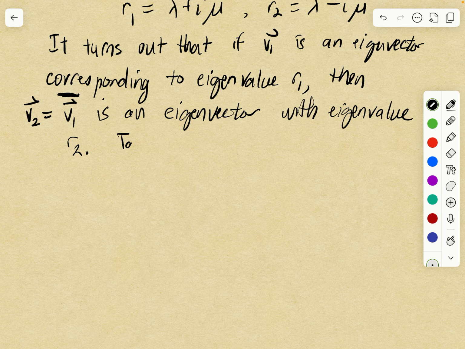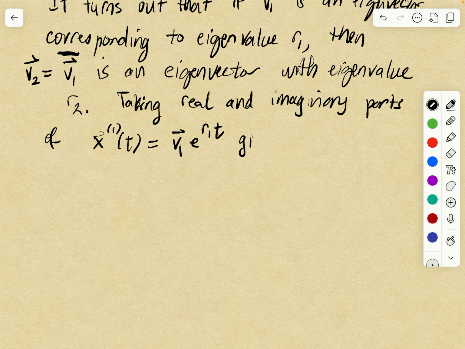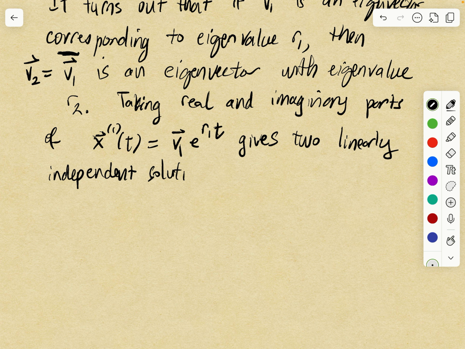So taking real and imaginary parts of your first solution, x1 of t, which is v1 e to the r1 t, will give two linearly independent solutions, u of t and v of t.